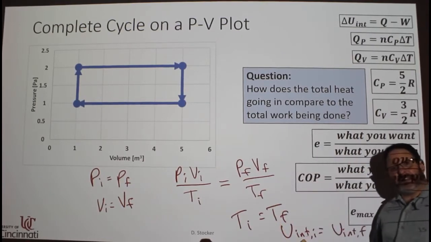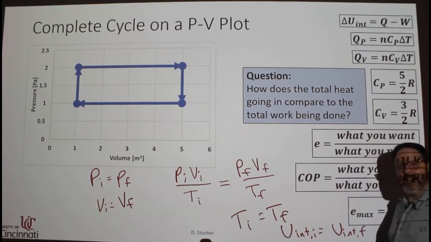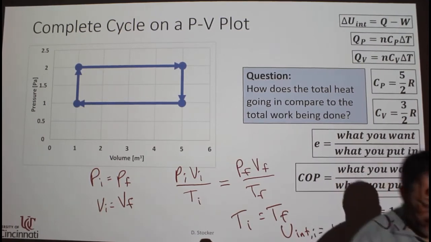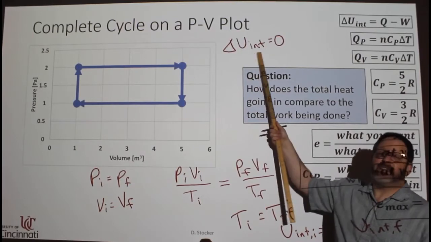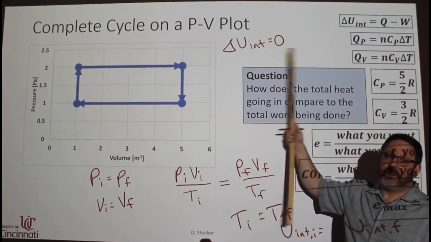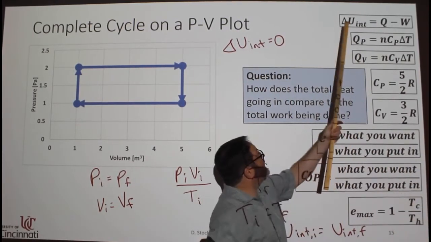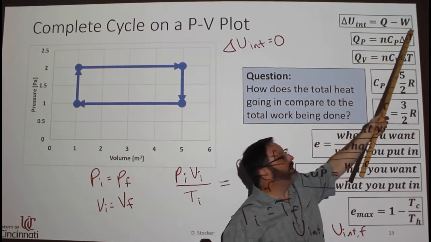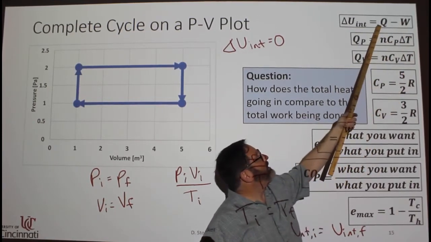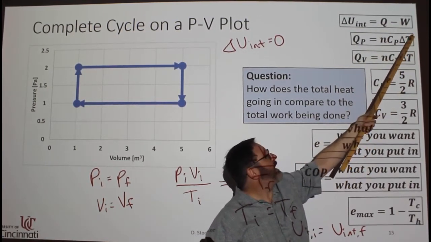So if the initial internal energy equals the final internal energy, that means the change in internal energy has to be 0. And change in internal energy is Q minus W, so the heat put into the gas minus the work done by it.